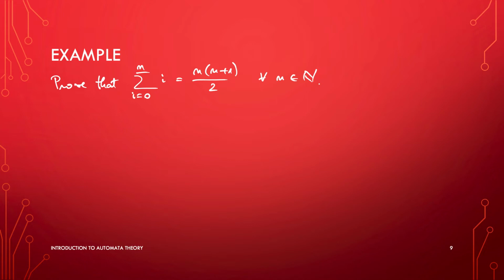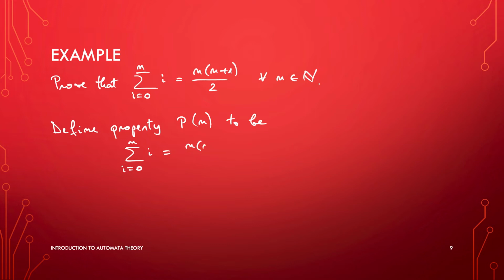So I'm going to say property P. So I define property P, and this is a parametric property. I define the property P of n to be that this equality holds.